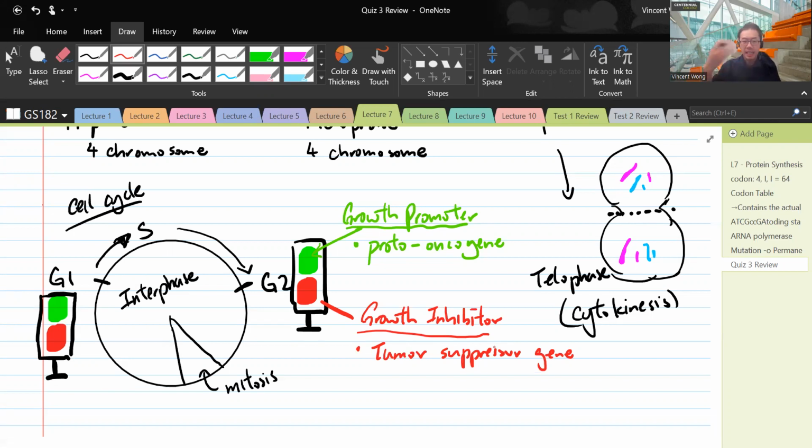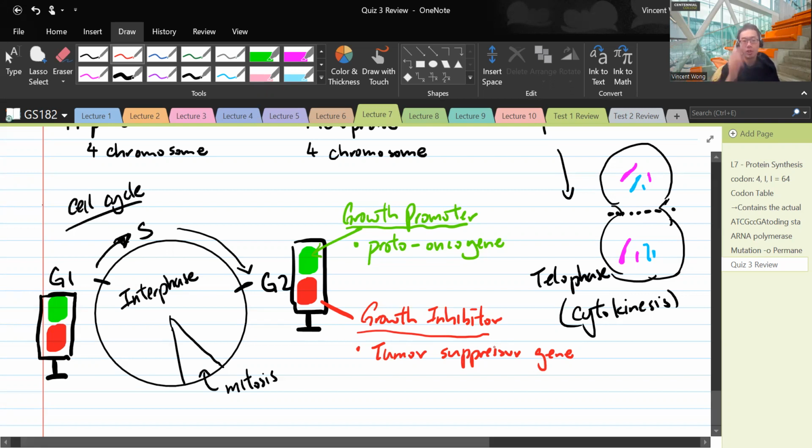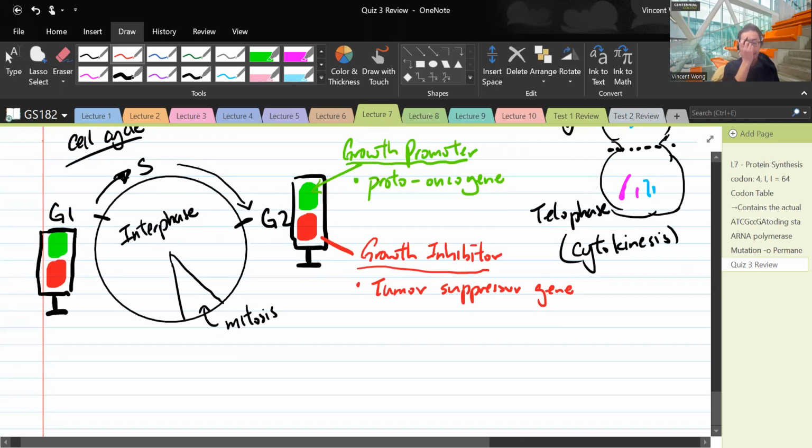Anything that fixes things up would be a tumor suppressor gene. So for this test, that's all you have to know about proto-oncogenes and tumor suppressor genes. I'll test you more on them in the final test, but for now, that's enough.